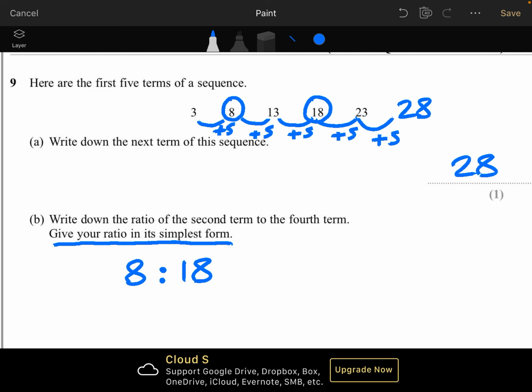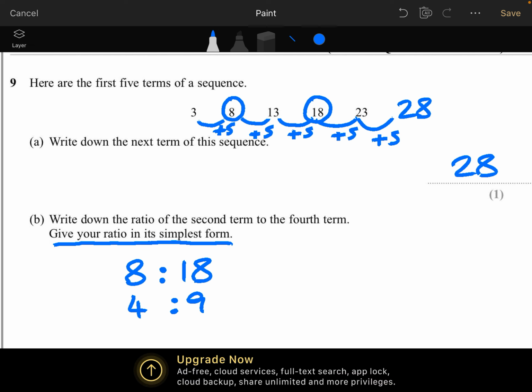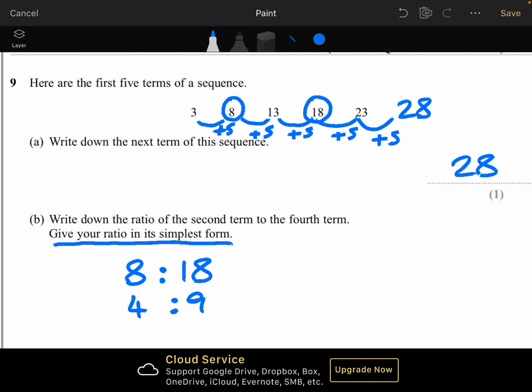So that means just try and divide each part of the ratio by the same number. So I could half them, and that would give me 4 to 9. And now I can't divide 4 and 9 by a same number without getting a decimal. So that's simplified in its simplest form. Okay, and so my answer is 4 to 9.